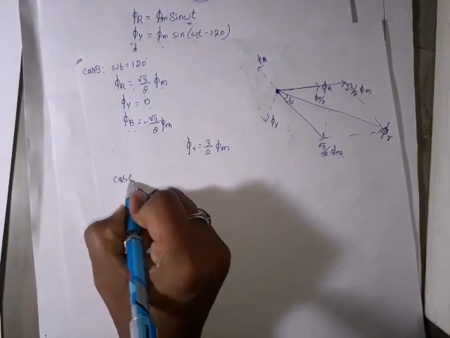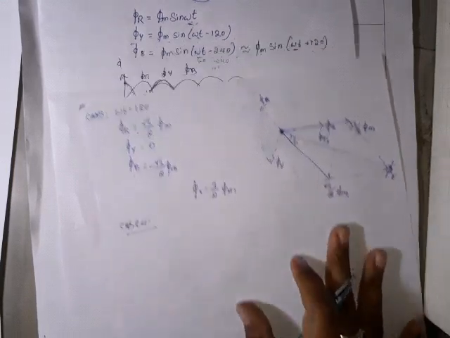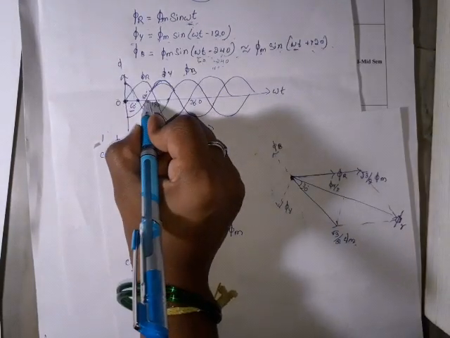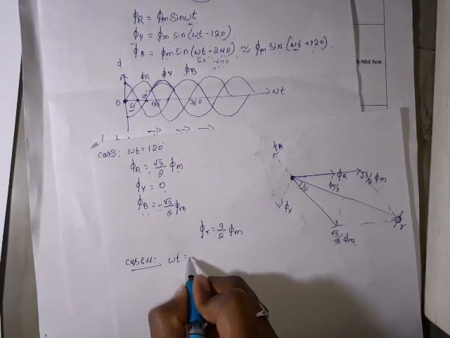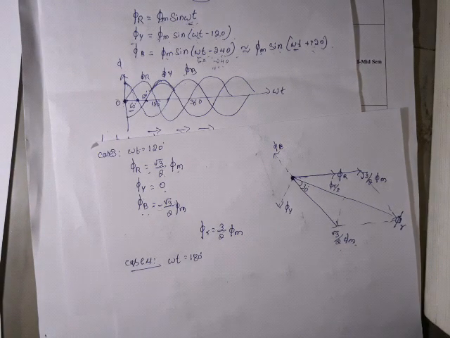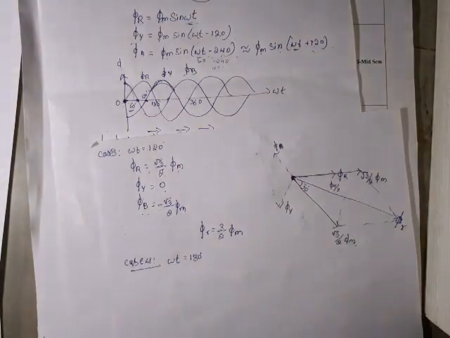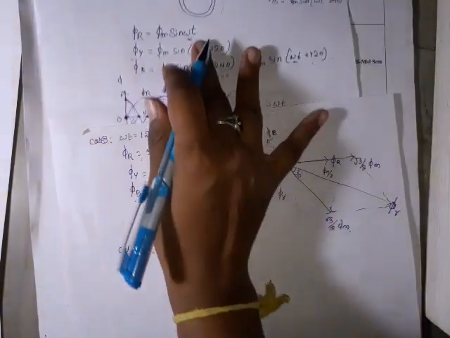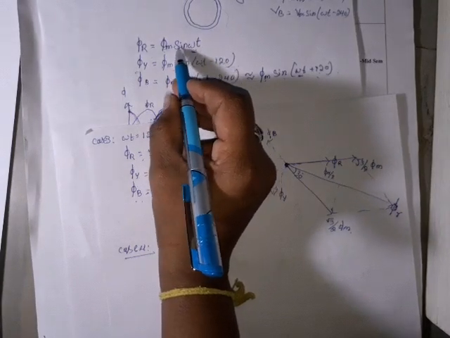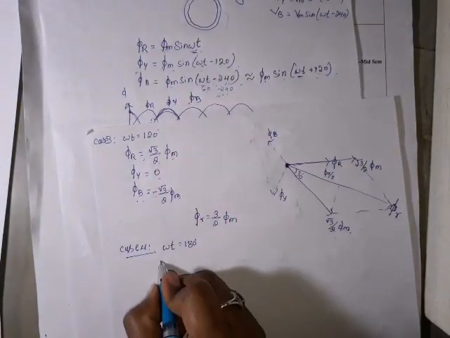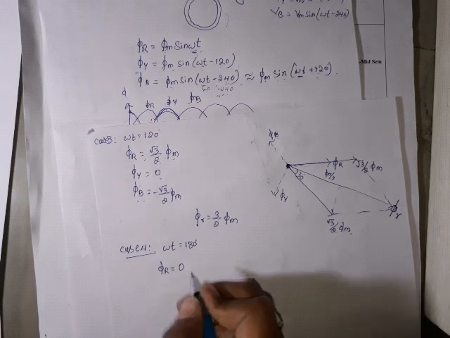Case 4. We'll do it for one complete half cycle. We have done up to 120 degree. We'll now take 180 degree, omega t equal to 180 degree. First phi r is phi m sine omega t, sine 180 degree, which is 0. So phi r is equal to 0.